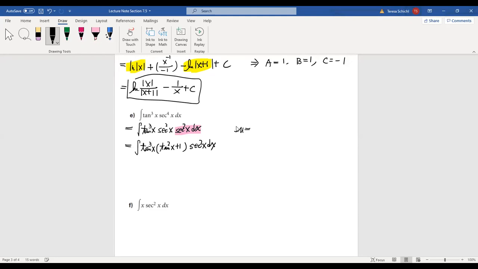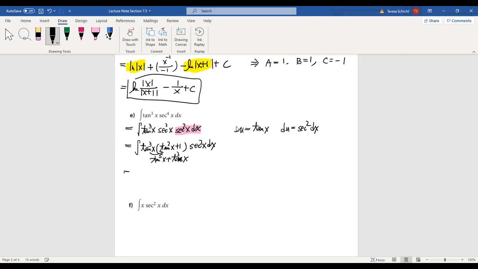If I use u equal to tangent x, then du will give you secant squared dx here, right? So that's why we love to see secant has an even power. That makes the substitution with the identity a lot easier. So this is tangent to the 5th power x plus tangent cubed x here, right?